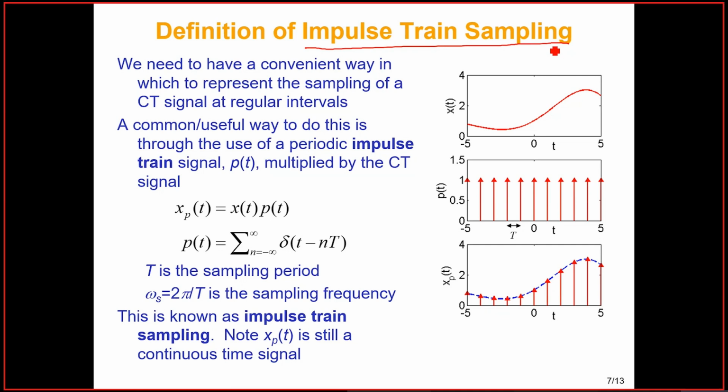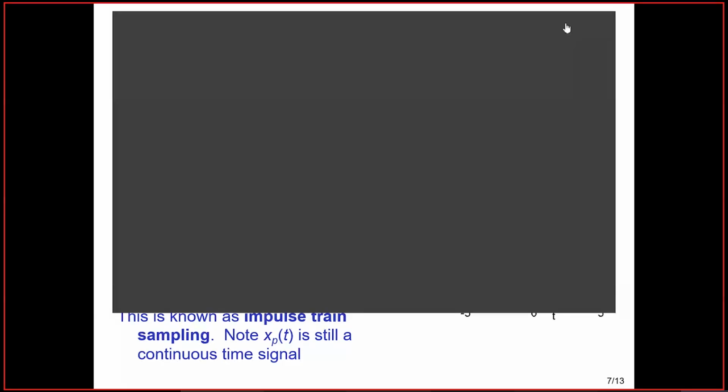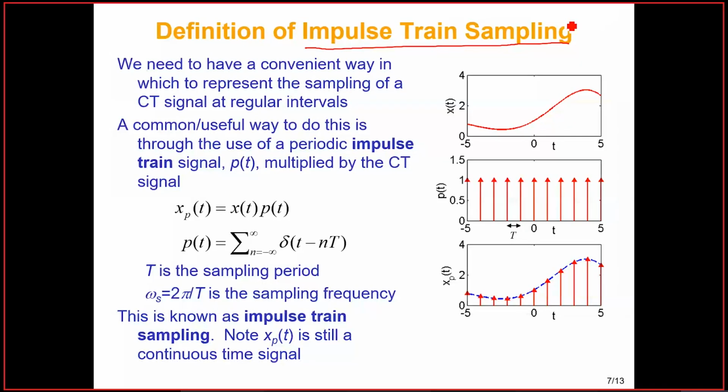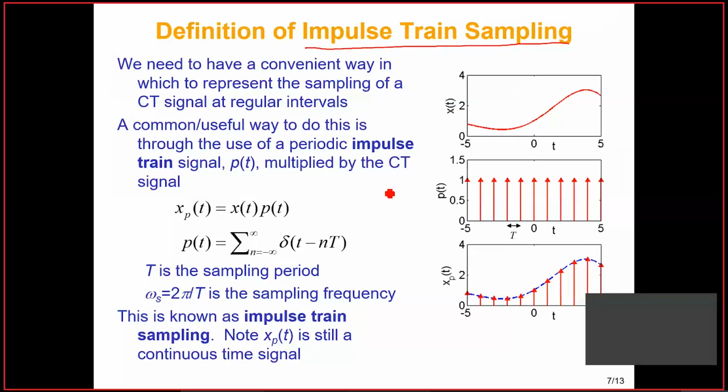Okay, so coming over to what happens in the time domain, we covered this earlier also, and just to go through it quickly again. In impulse train sampling, we deal with what is known as a train of impulses, and this signal, which is an impulse train, is given the symbol p of t.